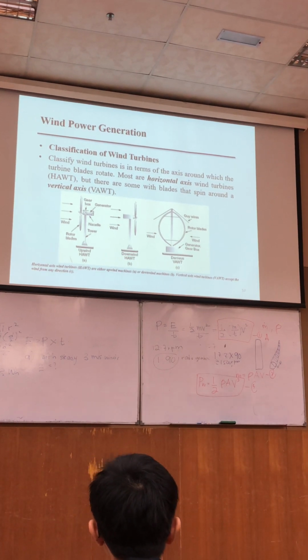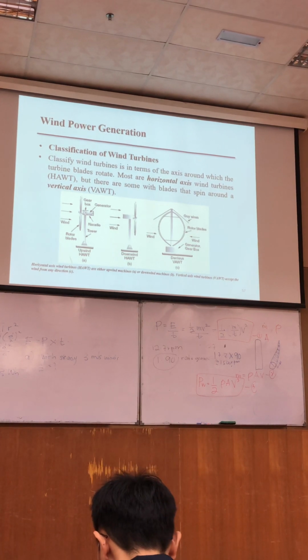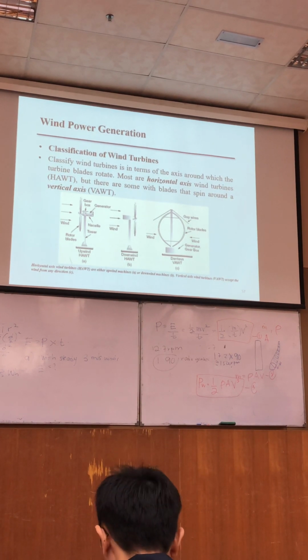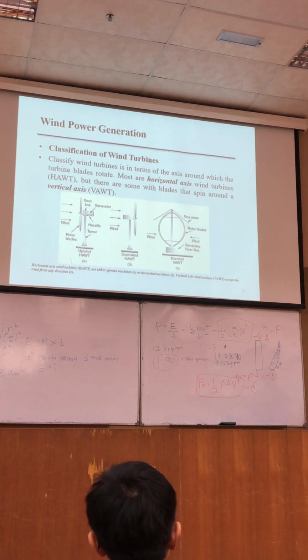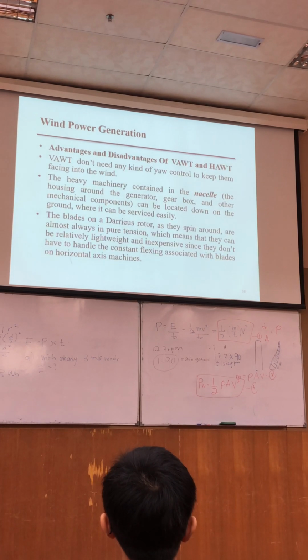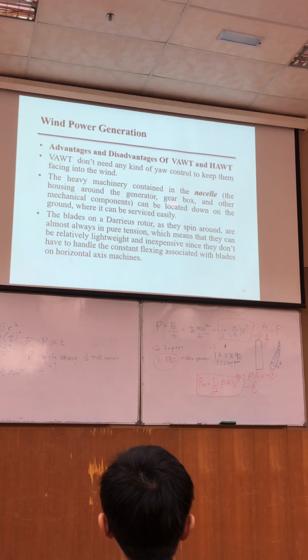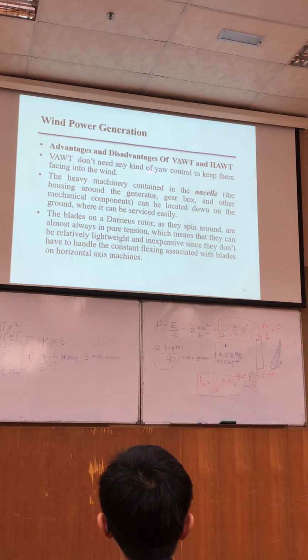When we have these two types of wind turbine, vertical axis and horizontal axis, of course we have the pros and cons, the advantages and disadvantages. Vertical axis doesn't need any kind of yaw control.